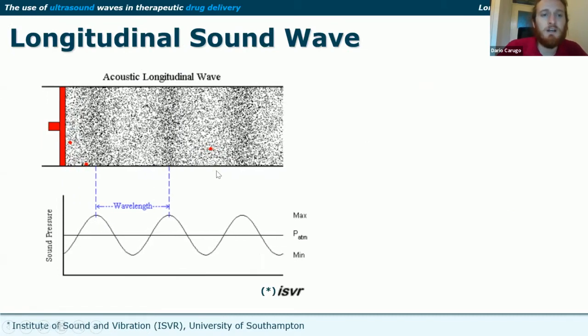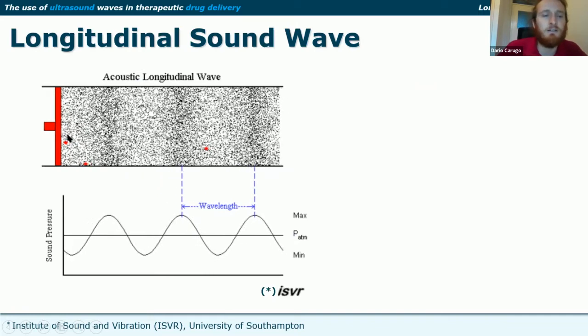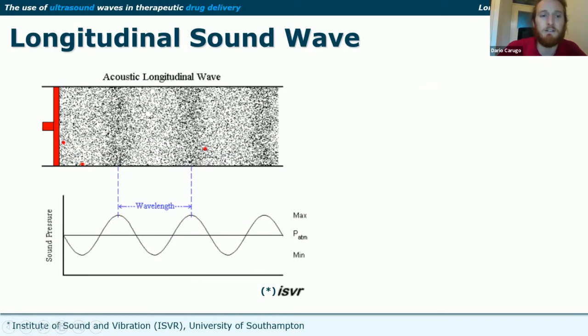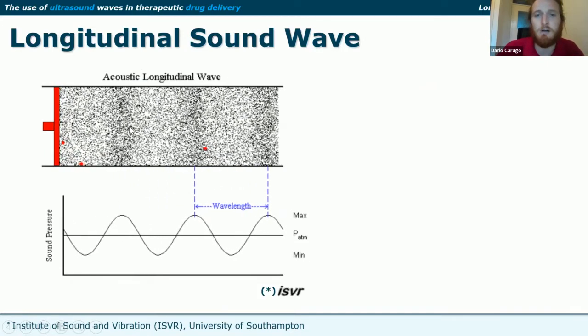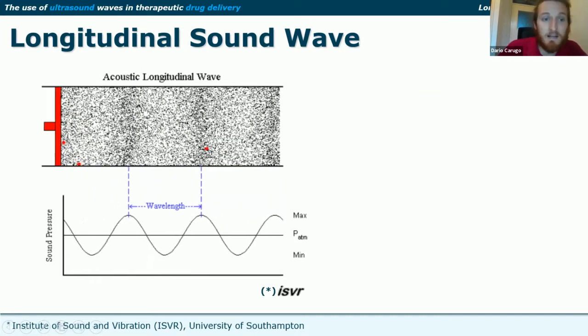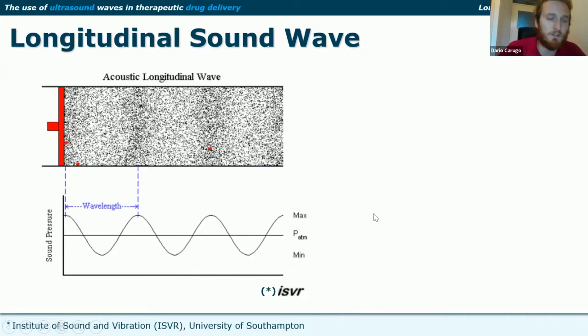So let's consider a rigid cylinder that contains a gas, and this gas is driven by an oscillating piston on the left-hand side. So we are specifically now considering the case of a longitudinal sound wave. Longitudinal waves are waves where the particles within the medium are moving in the same direction as the wave propagation.